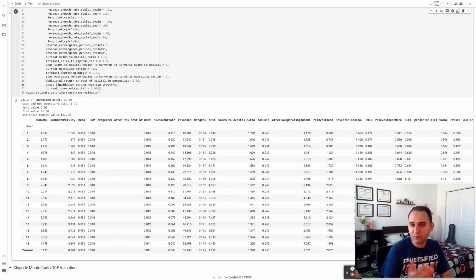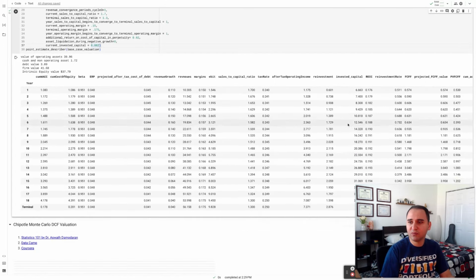But if your valuation is of a company that is in decline and you're selling assets, you can use this number to come up with a valuation that is reasonable relative to the story that you have to tell. And the next parameter is the current invested capital. Again, they have about 6 billion capital invested, so it is going to be used to calculate the return on invested capital.